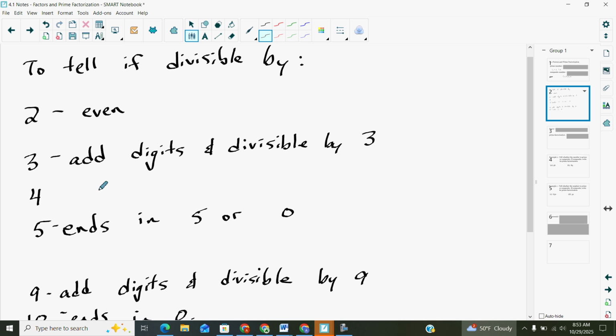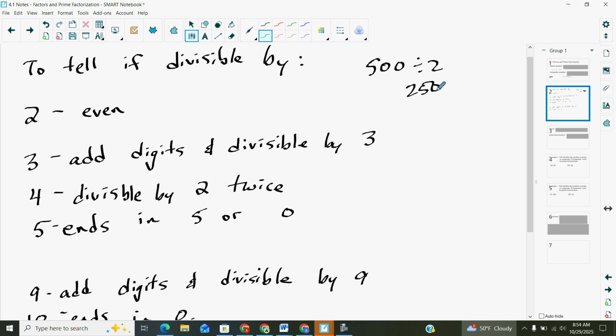Number 4, you can tell if something's divisible by 4 by checking if it's divisible by 2 twice. So like 500. 500 is divisible by 2 because it's even. Well, let's go ahead and divide that by 2 and get 250. And 250 is divisible by 2. So it's divisible by 2 twice. Therefore, 500 is divisible by 4.